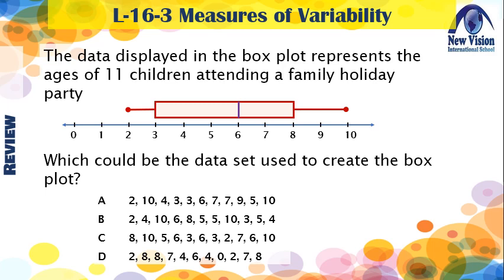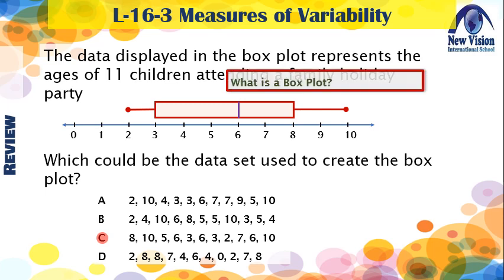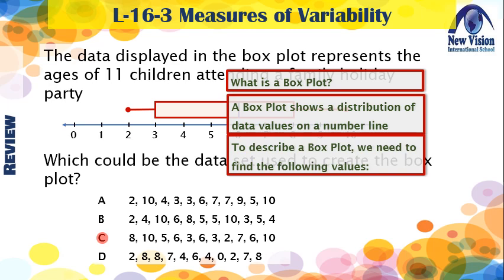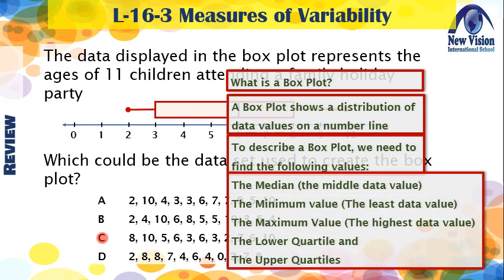Very good. Option C is the correct answer. Why? Let's explain. What is a box plot? A box plot shows a distribution of data values on a number line. To describe a box plot, we need to find the following values: the median, the middle data value; the minimum value, the least data value; the maximum value, the highest data value; the lower quartile and the upper quartile.